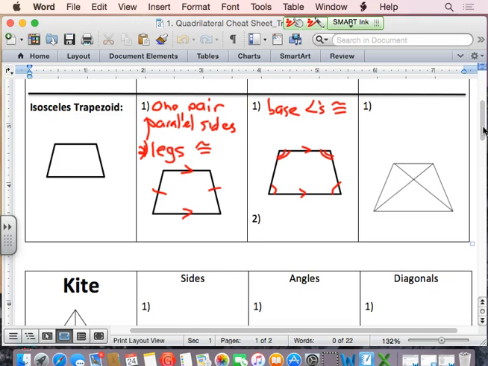All right, now as far as diagonals go, we know that our diagonals are congruent. Okay, so this length is going to be the same as this one. And essentially that's all we really know, is that the two diagonals are going to be the same length. We don't know that they bisect each other.